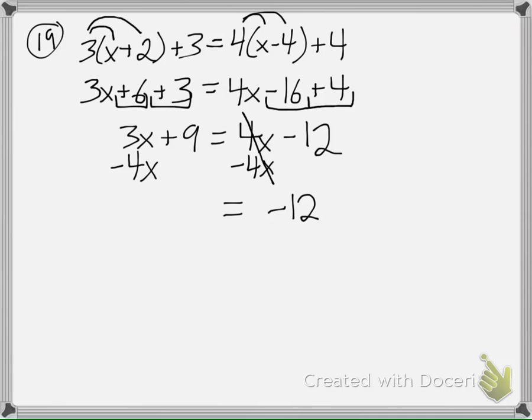All right? Then on the other side, 3 minus 4x gives me negative 1x plus 9. And then I'll subtract 9 from both sides. So I get negative 1x equals negative 21. And now this time I can't drop the 1 off because it is a negative 1.